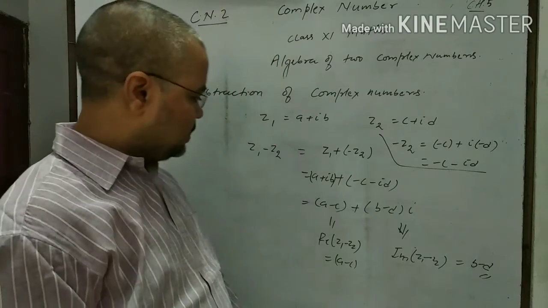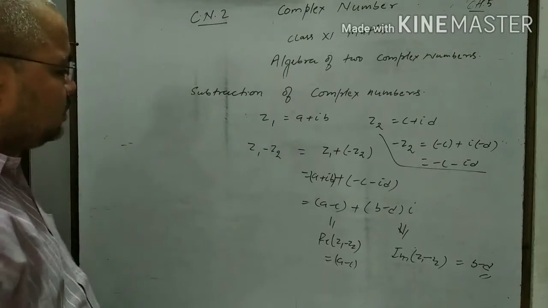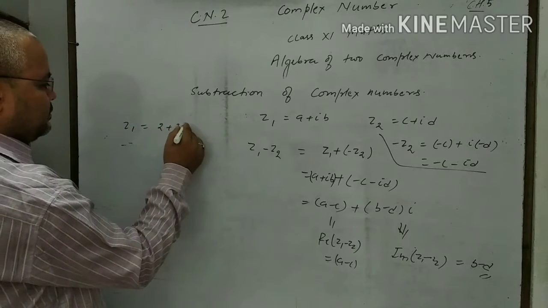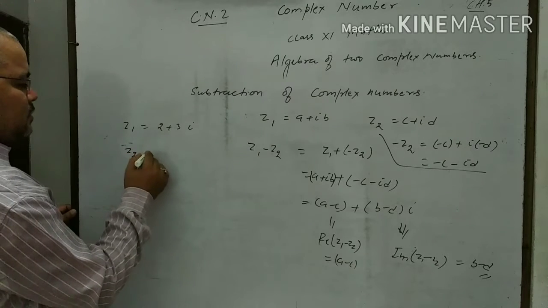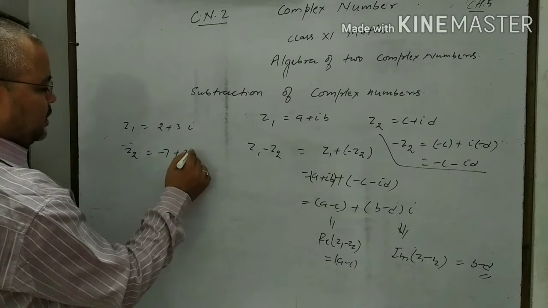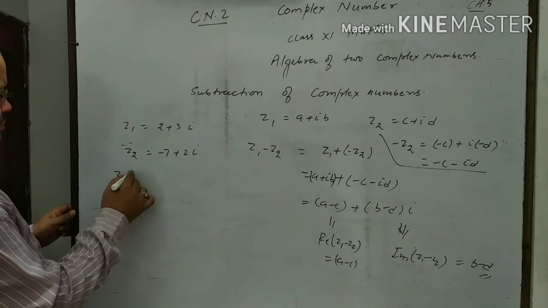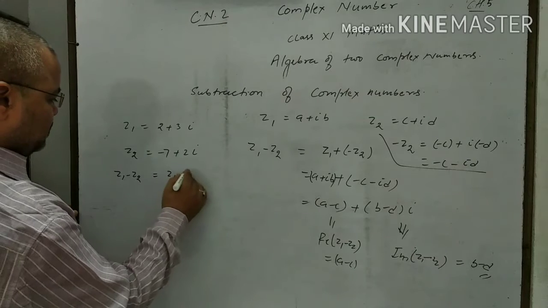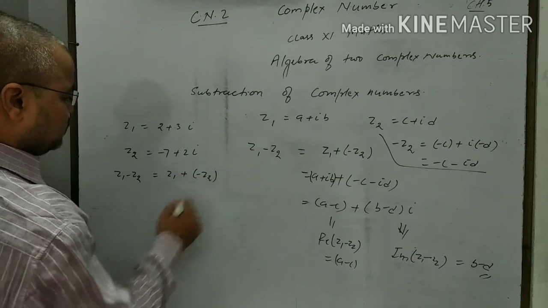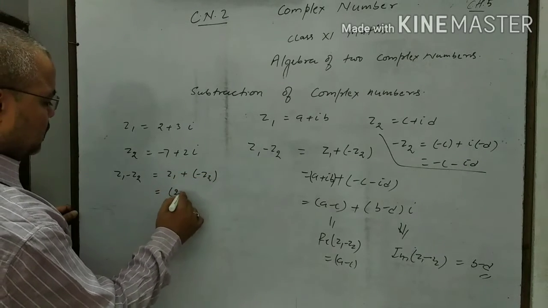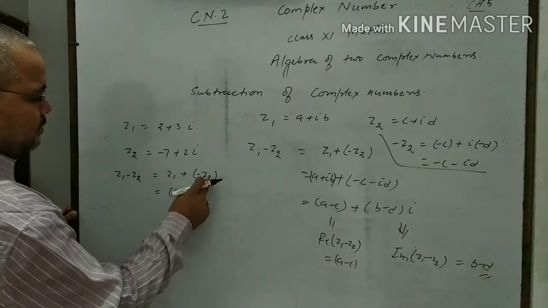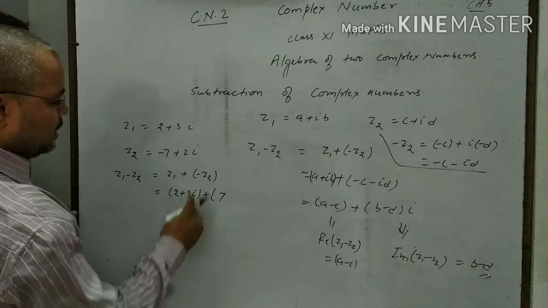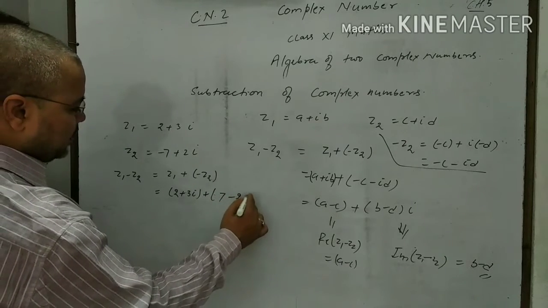Okay, like this way. If we have two complex numbers, Z1 is equal to 2 plus 3i and Z2 is equal to minus 7 plus 2i, then Z1 minus Z2 is Z1 plus minus Z2, which is 2 plus 3i and here minus Z2 will be plus 7 and minus 2i.